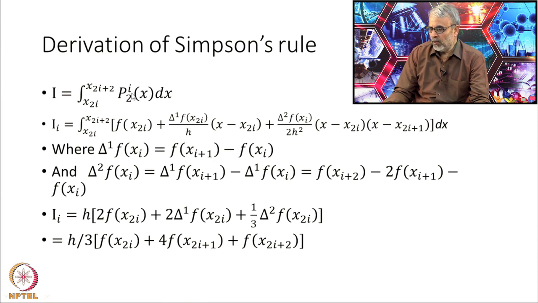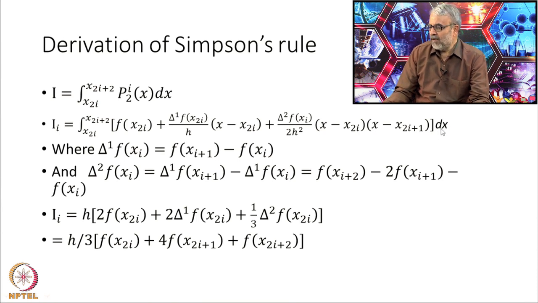The expression for p_2i is f(x_2i) plus Δ¹f(x_2i)/h times (x minus x_2i), plus Δ²f(x_2i)/(2h²) times (x minus x_2i) times (x minus x_2i+1). This is my quadratic polynomial between x_2i and x_2i+2, and that polynomial I integrate.